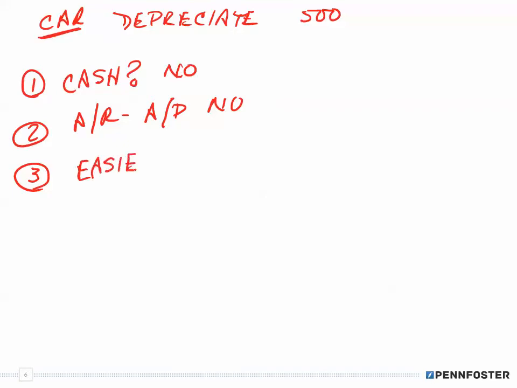This goes back to how students have a tendency to want to work with the second half of the transaction first. Remember, when we're working with cash, generally we're talking about 60% of the transactions. Accounts receivable and accounts payable make up about 30% more of transactions, and everything else makes about 10%. So we work with what's easiest.